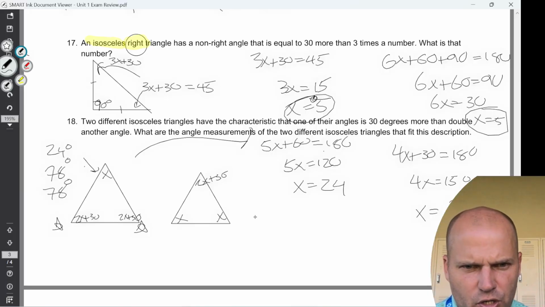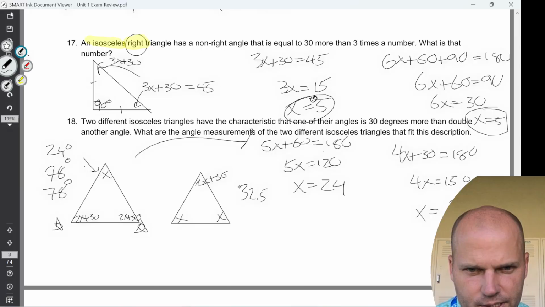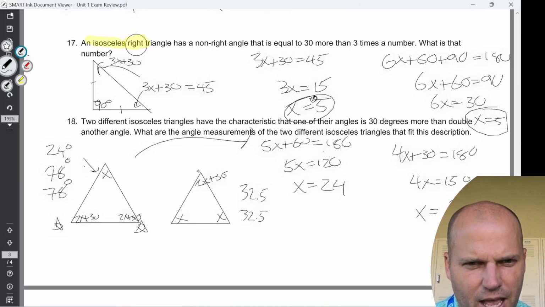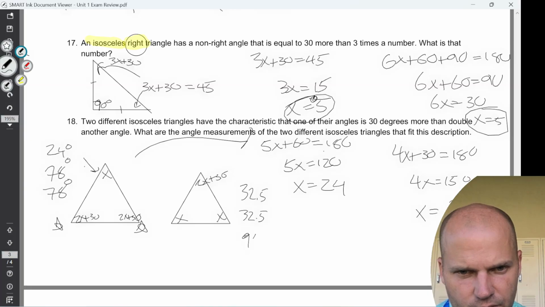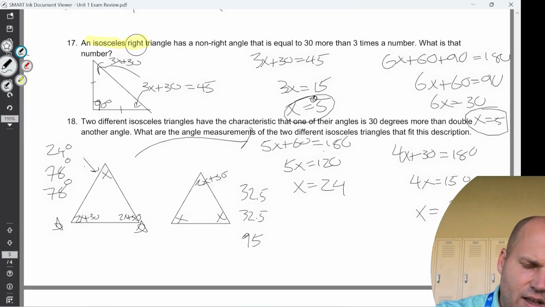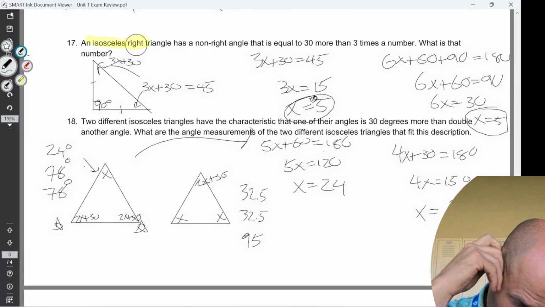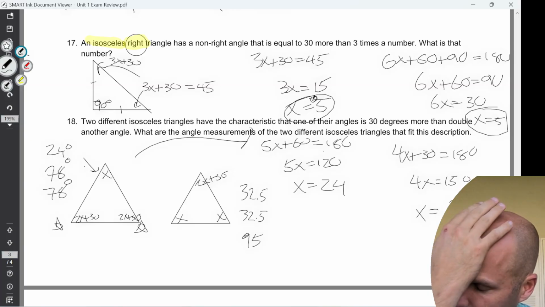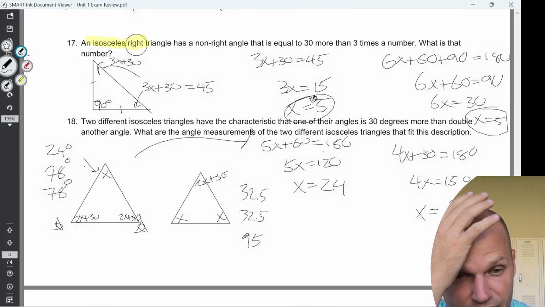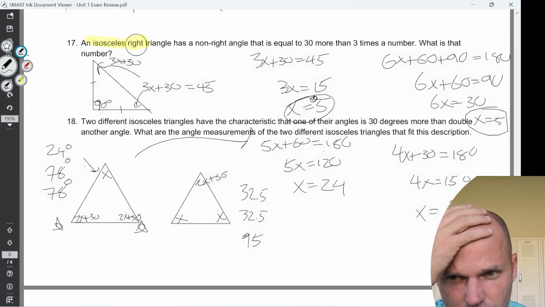So I'll have 32 and a half twice. And then if I double that, that's 65 plus 30, which is 95. So that's wrong.